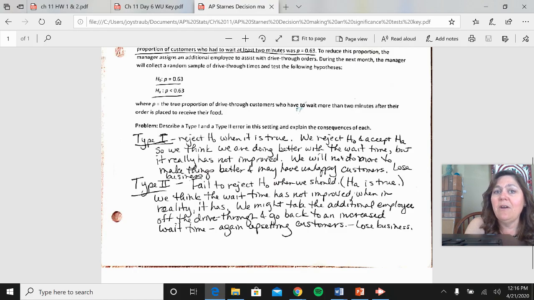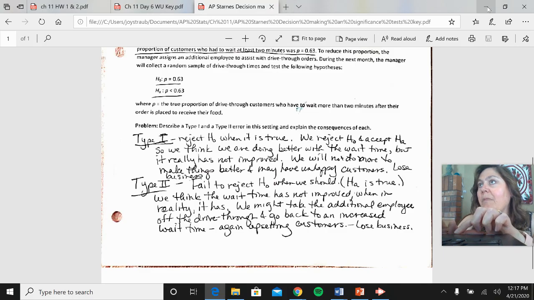So in some scenarios, it will be definitely clear, like if life is being lost or more things are in danger, you definitely can say which one would be of deeper consequence. In this case, both of these have some pretty bad consequences for your business if those errors were made.